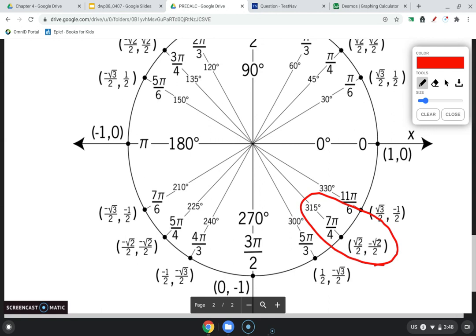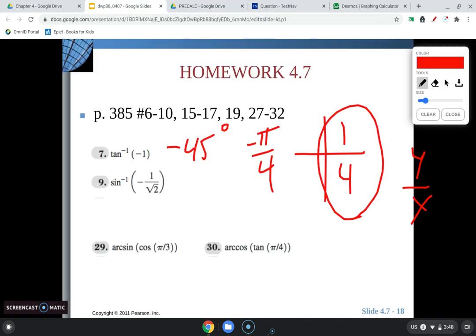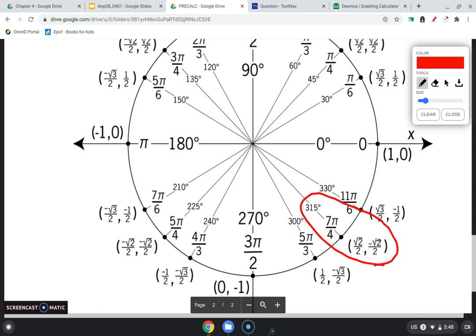Inverse sine of 1 over root 2. Give me 1 second here. I don't want to give you misinformation. Yeah, 1 over root 2, that was right. It's right here.